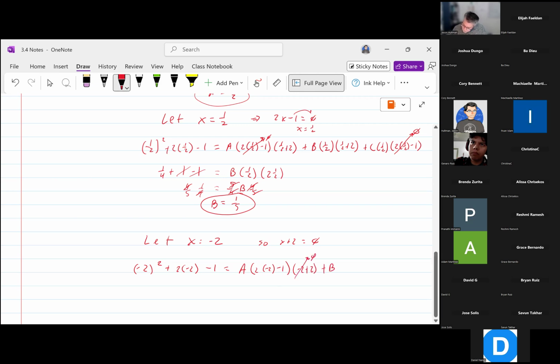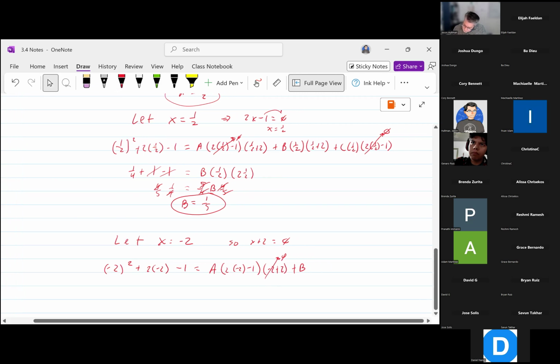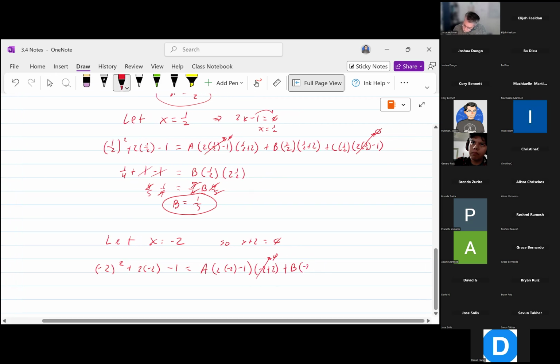Plus b times -2 times -2 plus 2, that's going to go to 0. Right? Plus c times -2 times 2 times -2 minus 1.